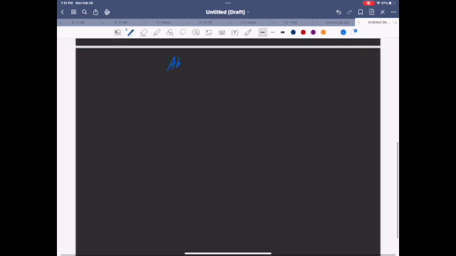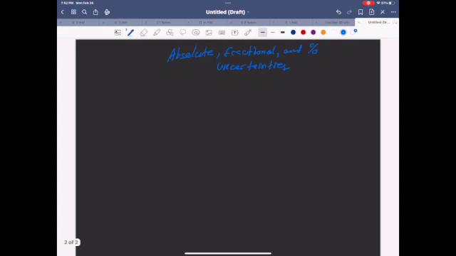Moving on to the next subtopic: absolute, fractional, and percentage uncertainties. These are the three different ways of expressing it.